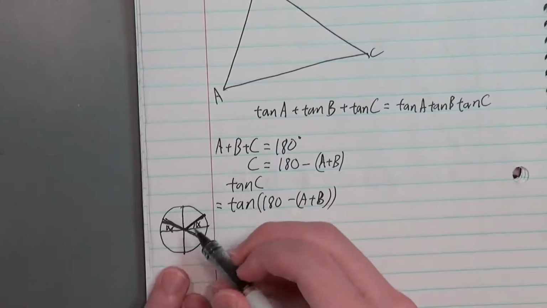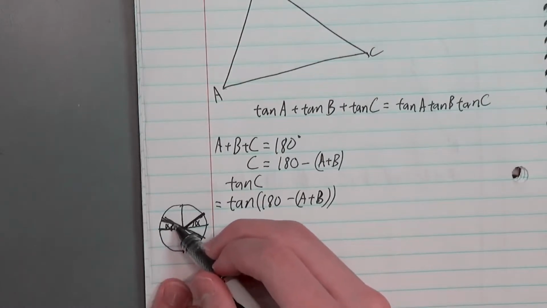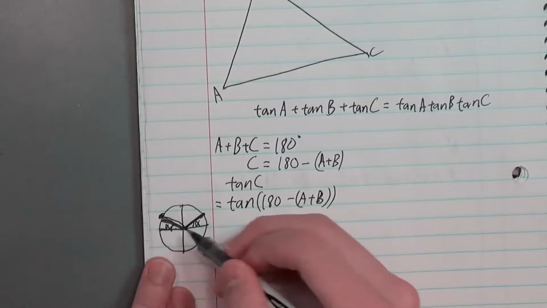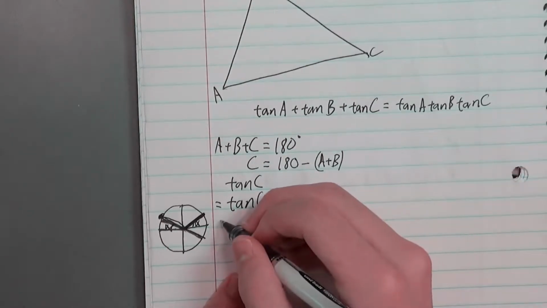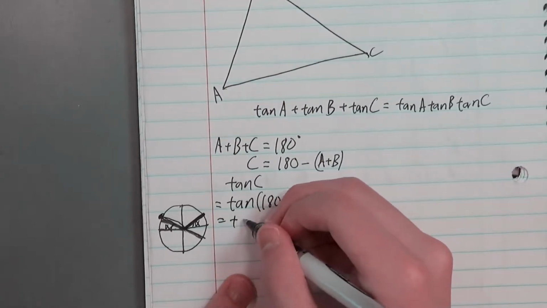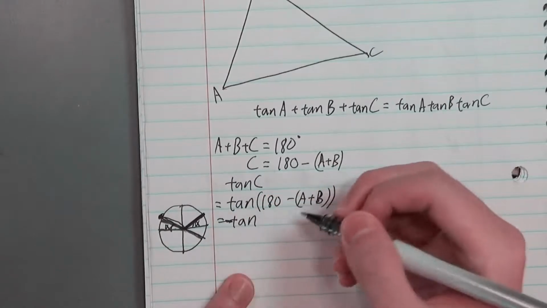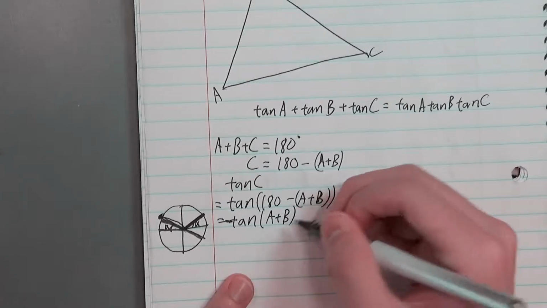So the tangent of 180 minus alpha is the opposite of the tangent of just alpha. So the tangent of 180 minus something is just the negative tangent of that angle, A plus B.